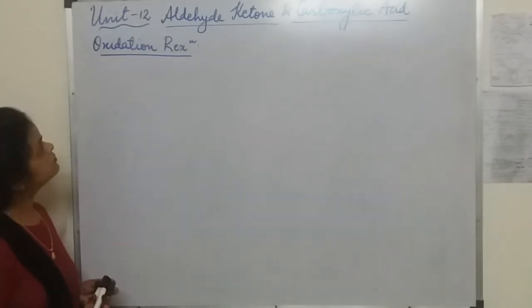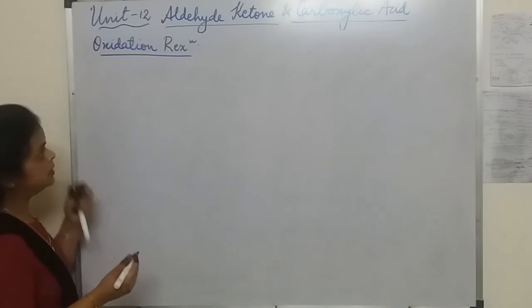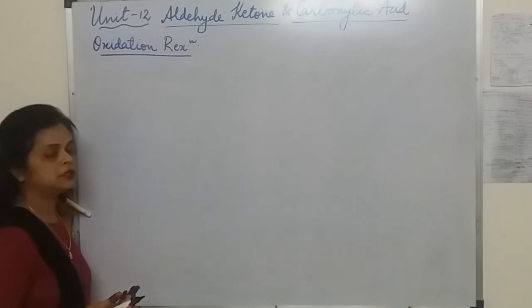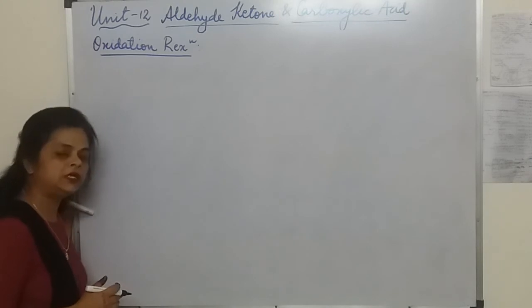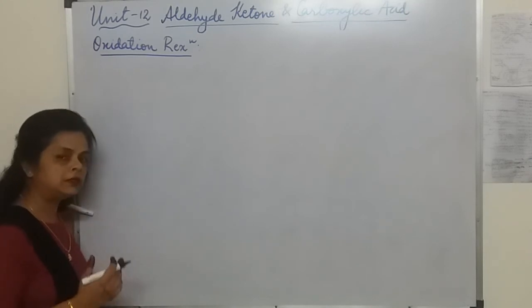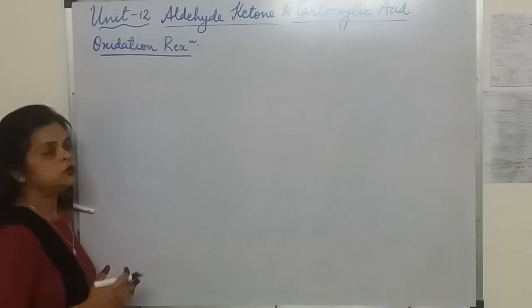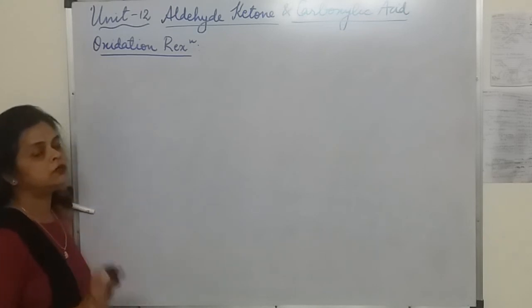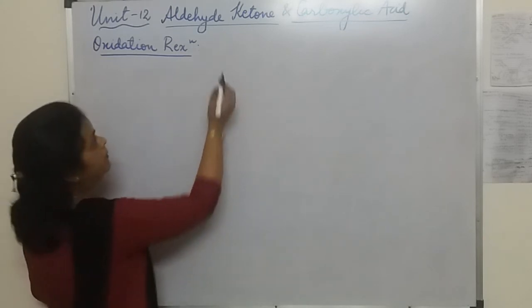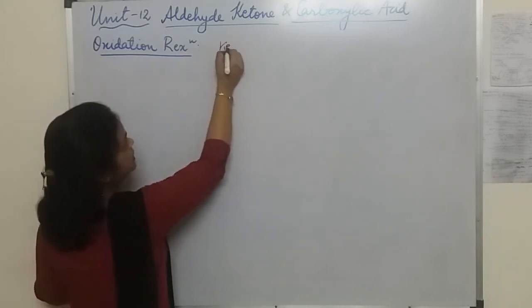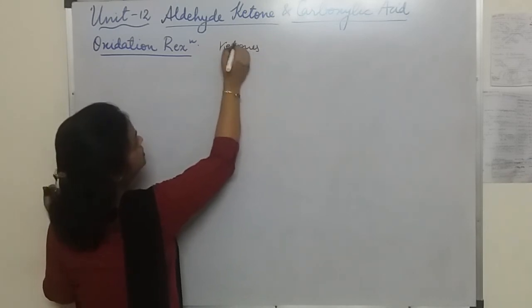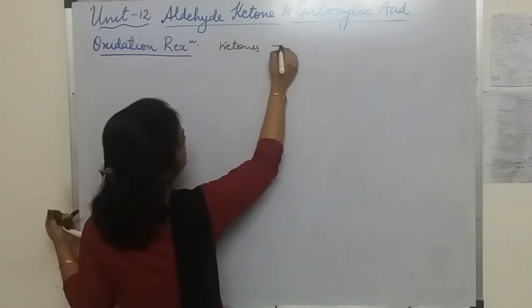Now we are going to take it for the ketones. When ketones undergo an oxidation reaction, I have already told you, along with the cleavage of the carbon-carbon bond, other bonds also have to be cleaved. So with a mild oxidizing agent you cannot do the oxidation, but for ketones you need a strong oxidizing agent.